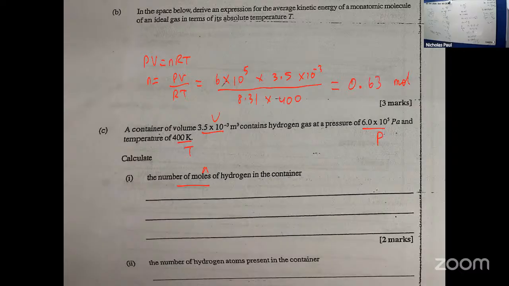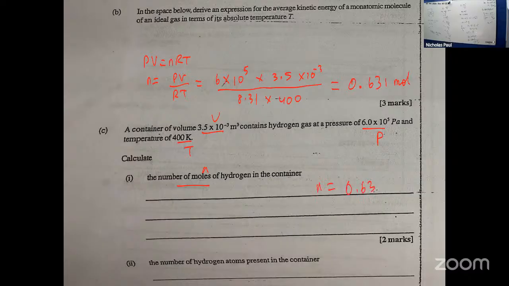Yes, again, 0.63, 0.631. So your number of moles is equal to 0.631.